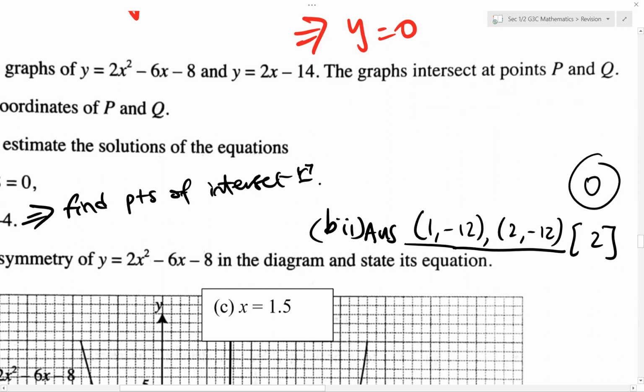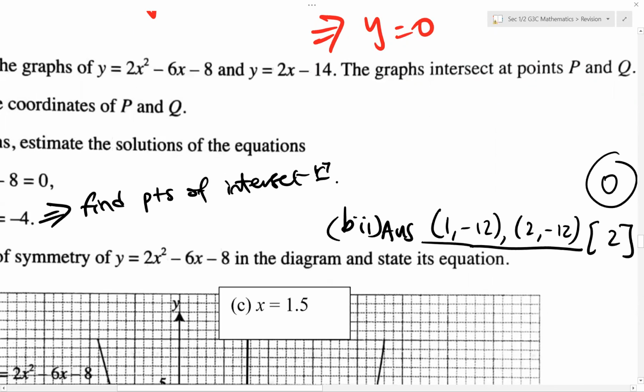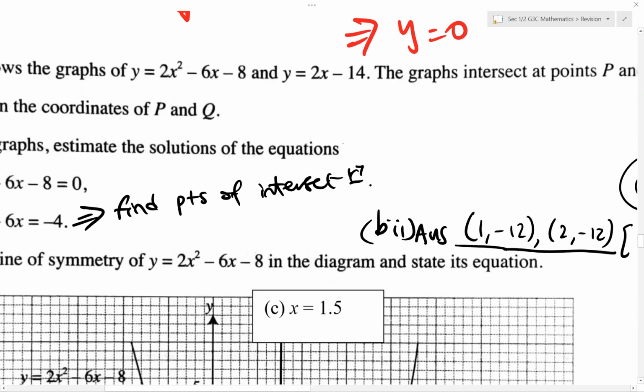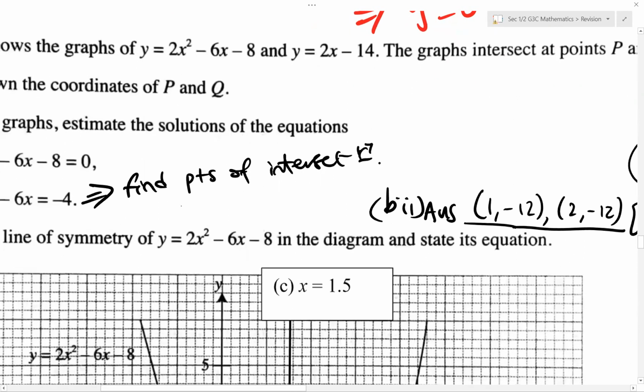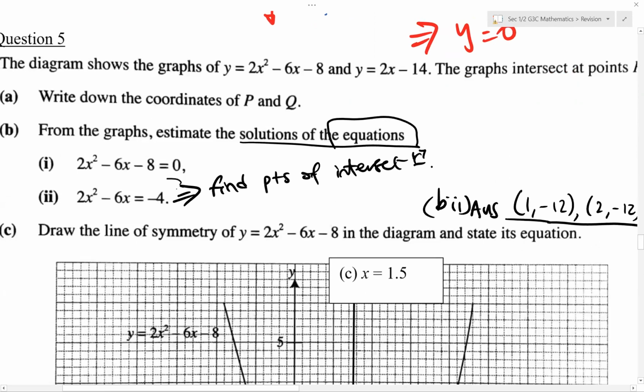Okay? Because they ask you to find the solution to the equation. What is the equation? This is the equation. The equation doesn't have y. The equation only has x. When I ask you to solve for equation, solve for x, you will tell me x only, isn't it? You won't tell me y, because it is irrelevant. In fact, it may not even exist.